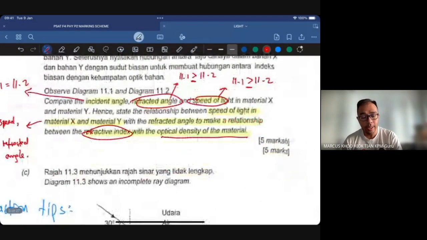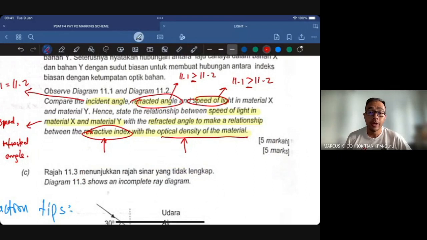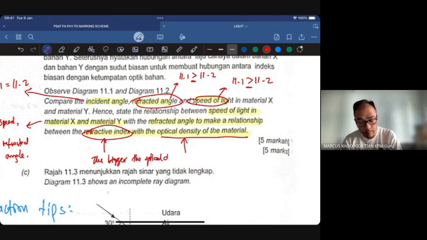The bigger the refractive index, the bigger the optical density of the material. But it should be the other way around. It should be the bigger the optical density, then the bigger the refractive index.